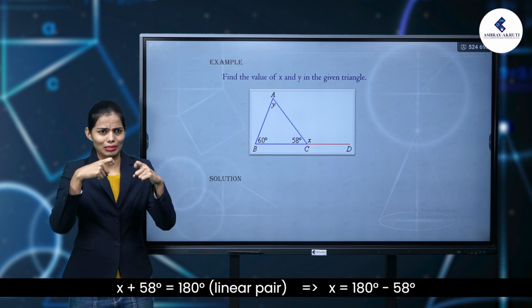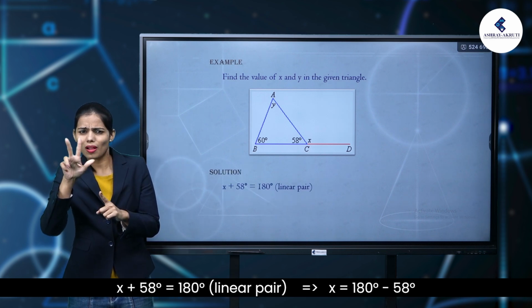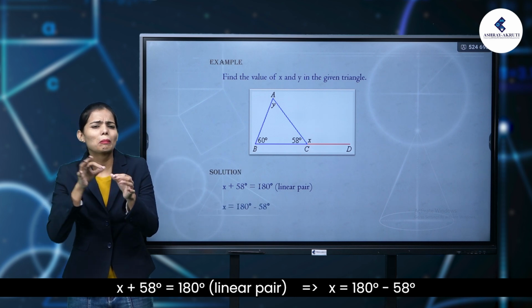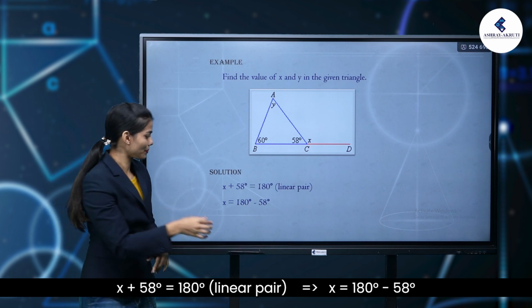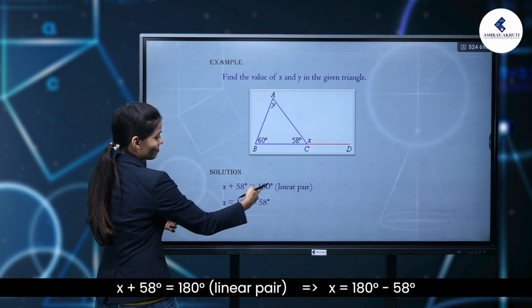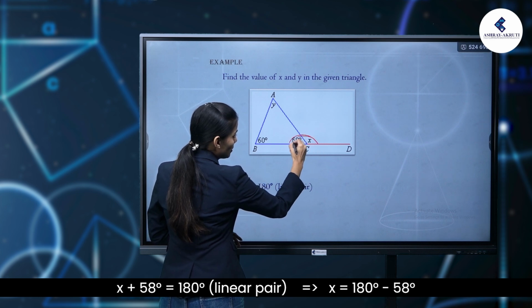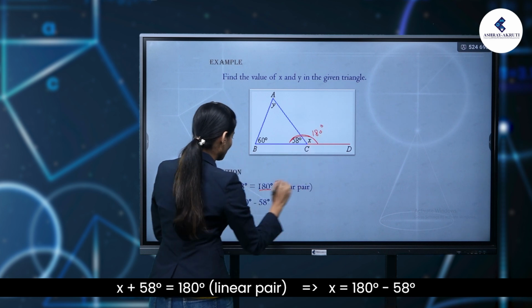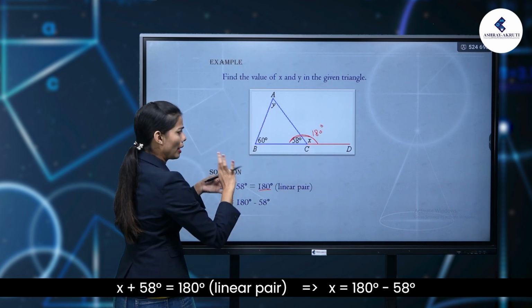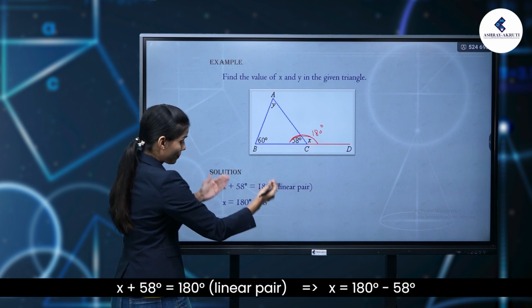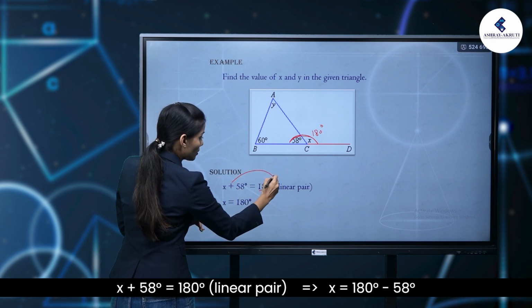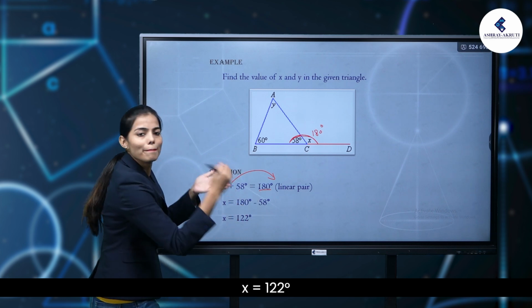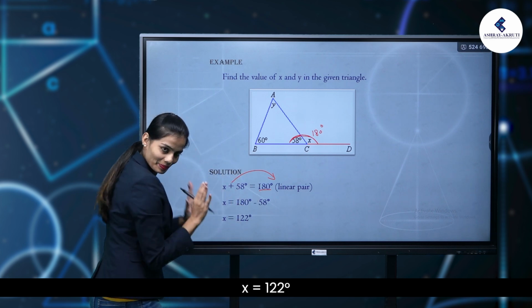Solution: x plus 58 degrees is equal to 180 degrees, linear pair. x is equal to 180 degrees minus 58 degrees. x is equal to 122 degrees.